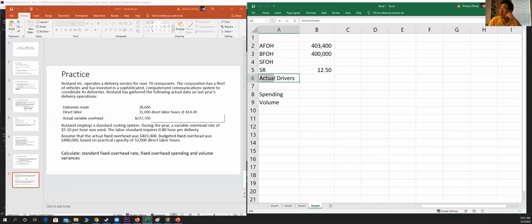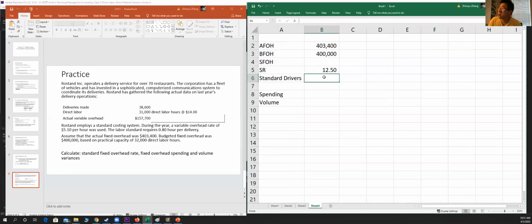Sorry, here it should not be standard drivers, it should be number of drivers. So we know that the company made 38,600 deliveries, and each delivery should cost 0.8 hours as pointed here.